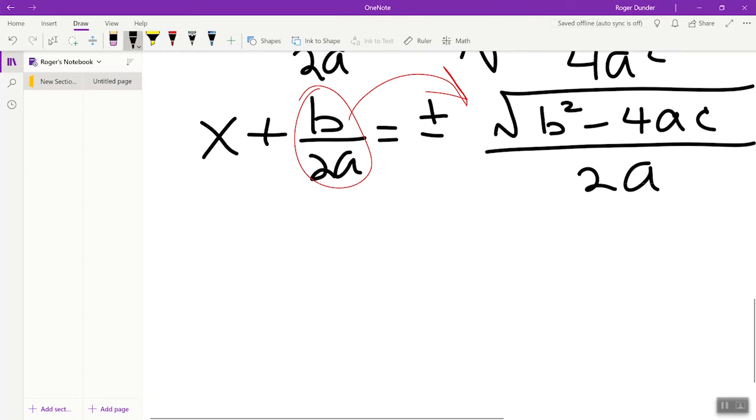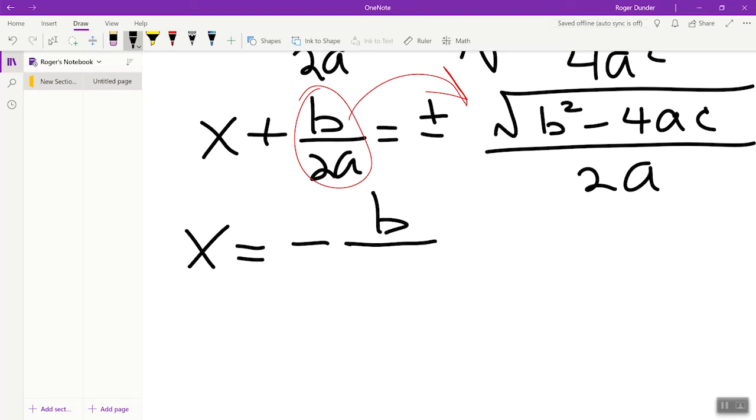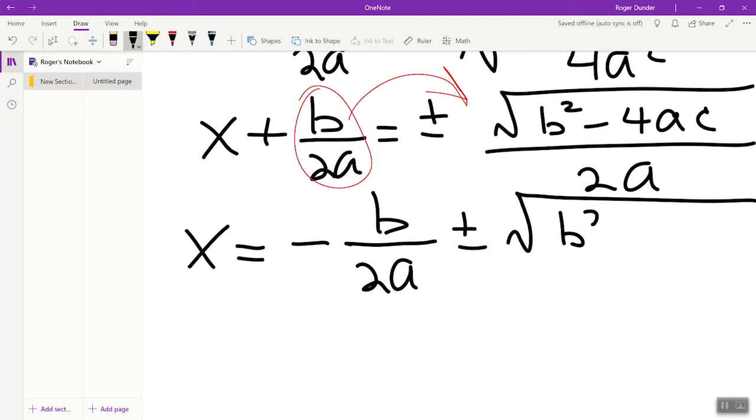So we have x equals minus b over 2a plus or minus the square root of b squared minus 4ac over 2a.